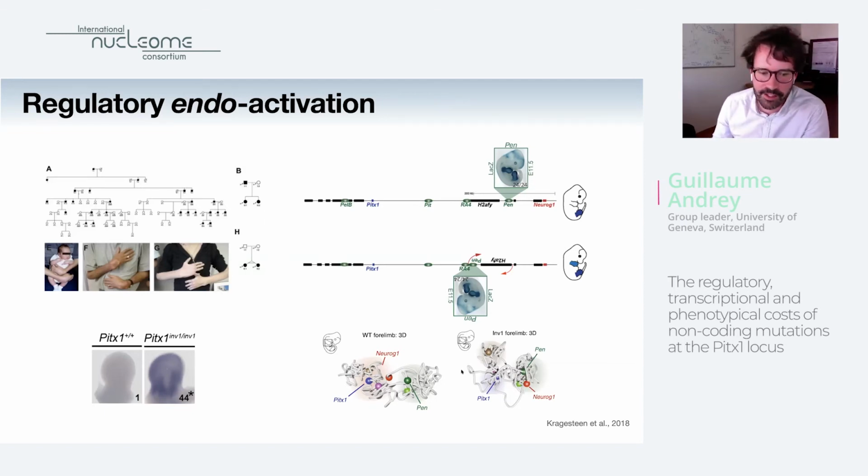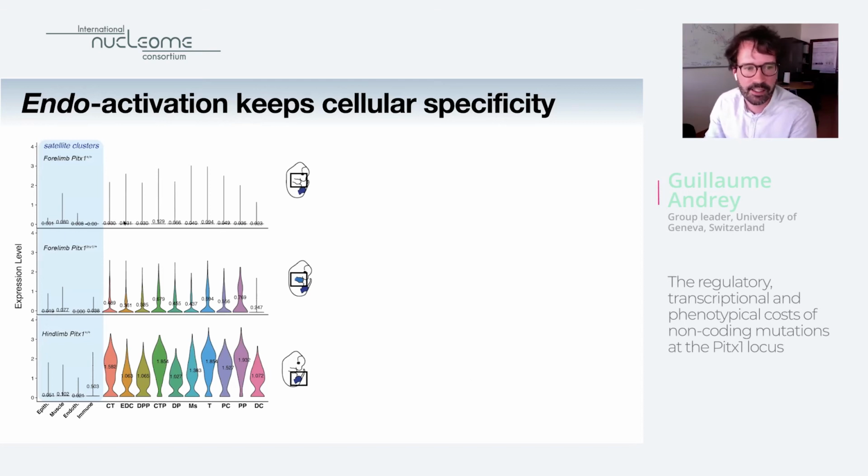So we wanted to know many things here. First, when we get this activation by one of Pitx1's own enhancers, do we completely recapitulate the normal expression, the normal activity that we should have in a hind limb, but this time in a forelimb? So we produced single cell data, and to make a long story short, I'm just showing you that in this mutant forelimb, we see the appearance of Pitx1 expression in many single cell clusters that of course do not express Pitx1 in the wild type forelimb.